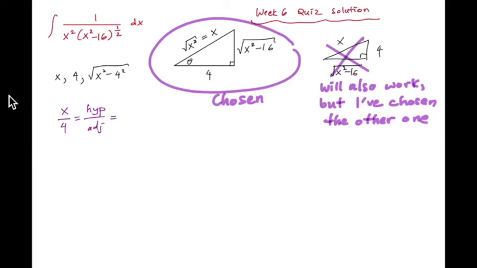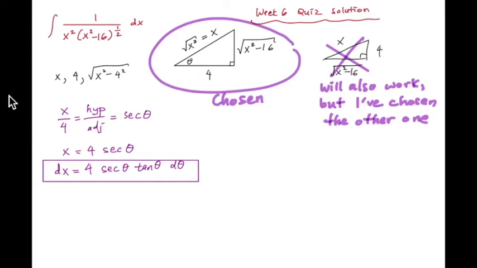So x over 4 is hypotenuse over adjacent, and so that would be 1 over cosine, or secant theta. So then x is equal to 4 times secant theta, and dx is 4 secant theta tangent theta d theta. So I have my dx.